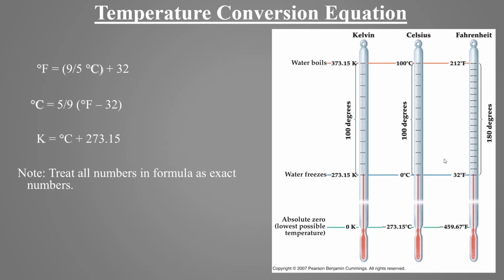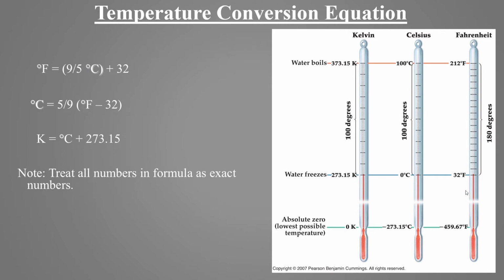So to understand how to convert between Fahrenheit and Celsius, we must know that Fahrenheit climbs 180 degrees in the same space that Celsius climbs 100 degrees. This makes Celsius degrees almost twice or 9 by 5 the size of the Fahrenheit division.